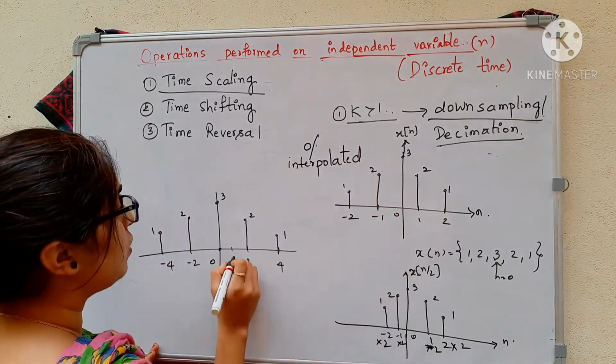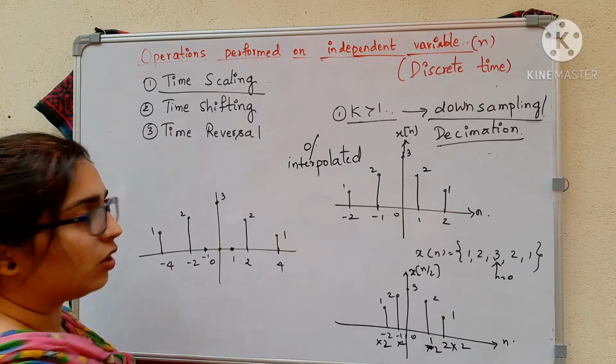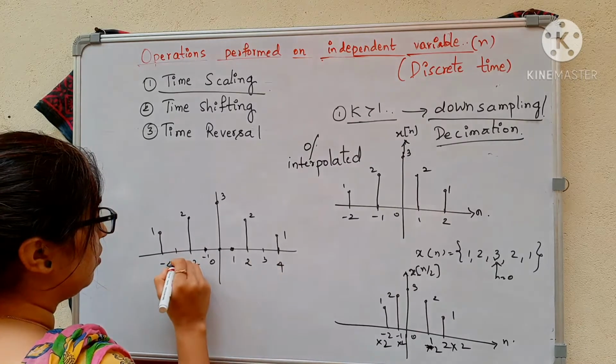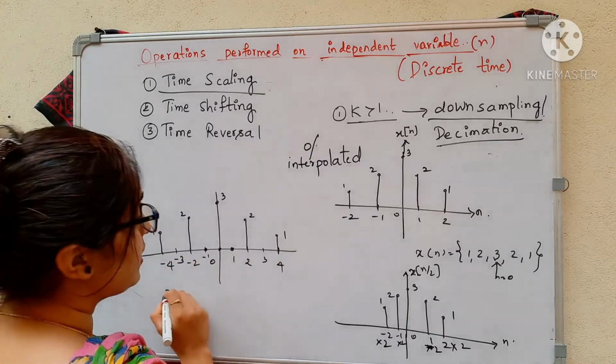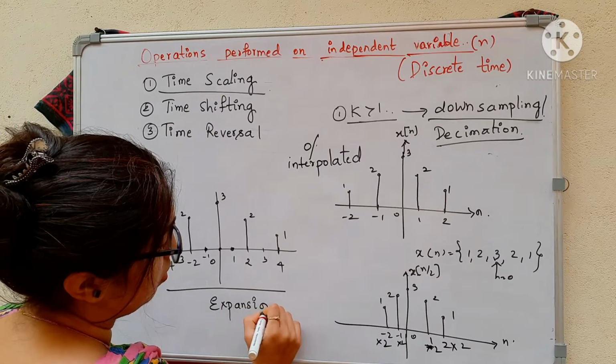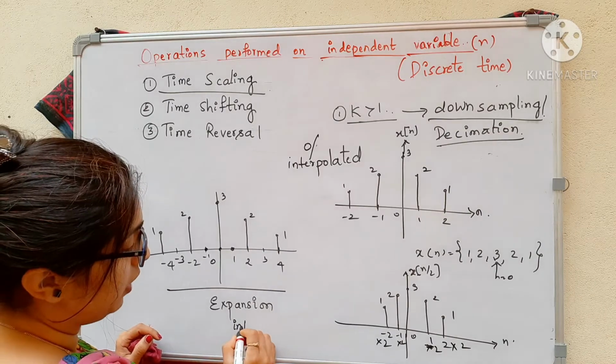If I consider 1, here minus 1, I can set it to 0. In that case, this is called expansion. But if it is interpolated, then it is called interpolation.